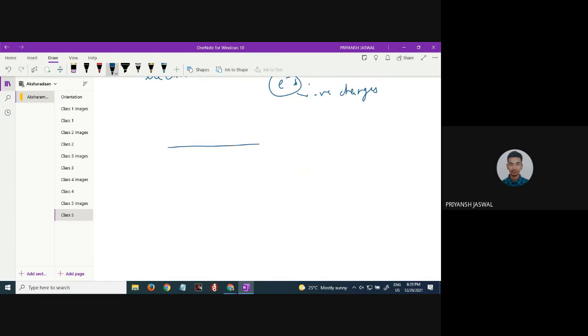Suppose this is a conductor, and in this, electrons are flowing in this direction from left to right. Then by convention, we say that in this conductor, the electric current is from left to right. This will be the direction of current. That is opposite to the direction of electrons.